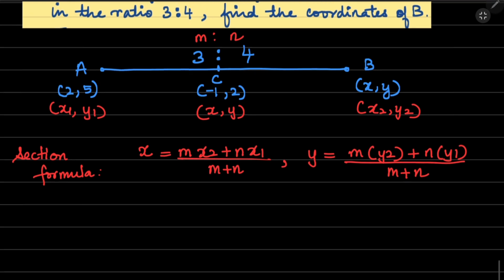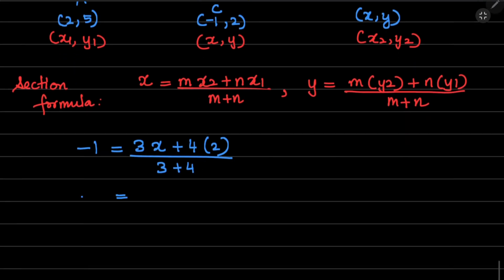Now using this section formula, what is x? We already know the coordinates x comma y of the dividing point. So minus 1 is equal to 3 into x plus 4 into 2 divided by m plus n, which is 3 plus 4. So cross multiply. Minus 1 is equal to 3x plus 8 by 7.